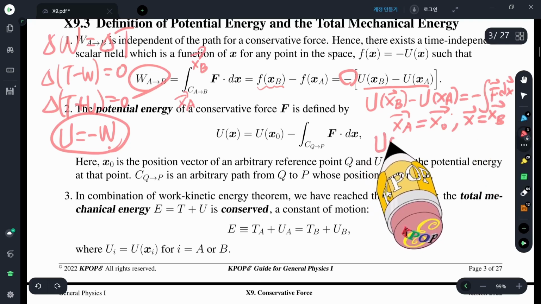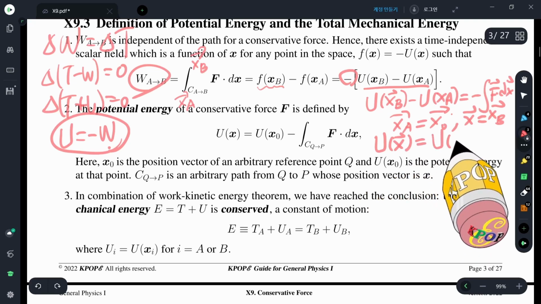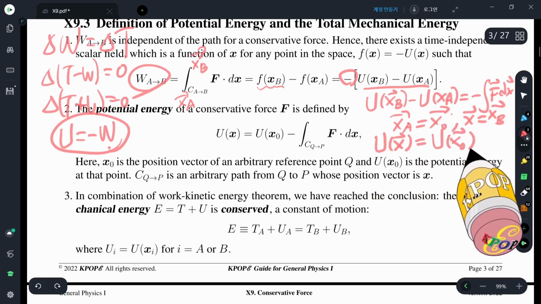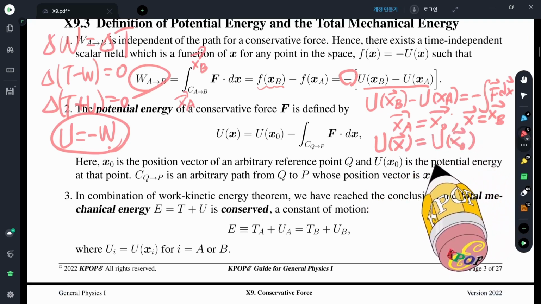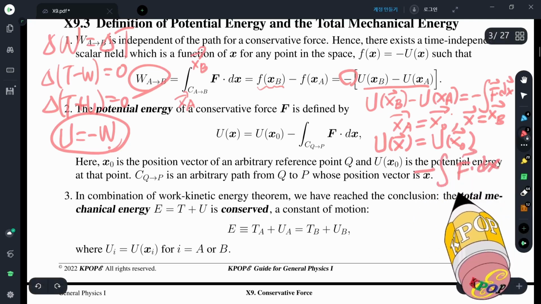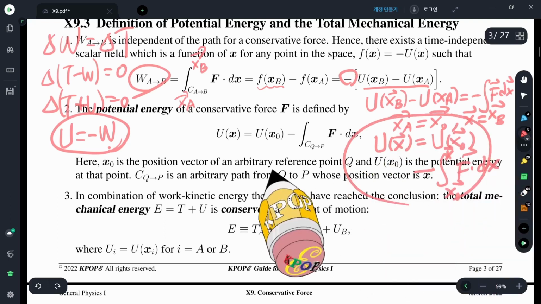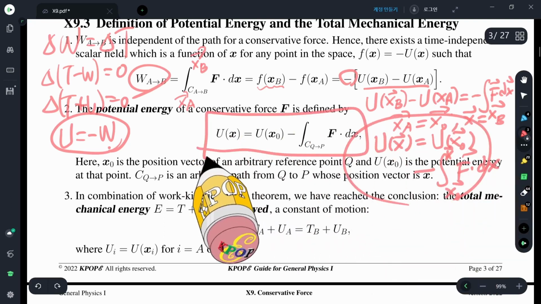Then you find the potential energy at any point is the potential energy at a certain point that is constant, minus the work from the reference to that point. So this is the way to compute the potential energy.